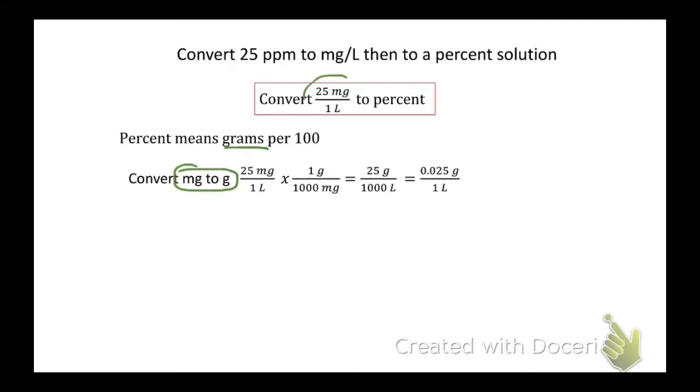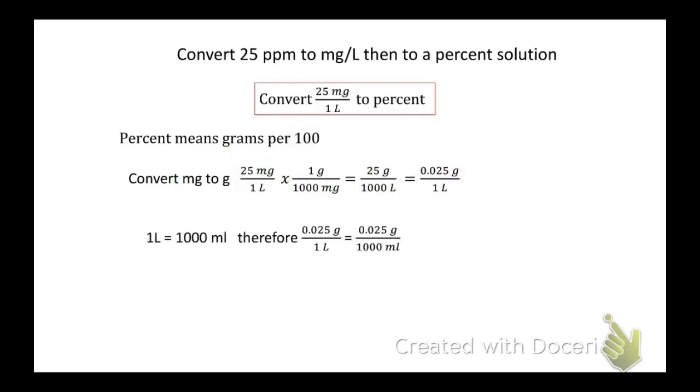So we start with our 25 milligrams per liter times 1 gram over 1,000 milligrams so that we can get rid of milligrams. And we're left with 25 grams over 1,000 liters because we're preserving those numbers. And we want to simplify the denominator to 1, so that gives us, when we divide by 1,000, 0.025 grams per liter.